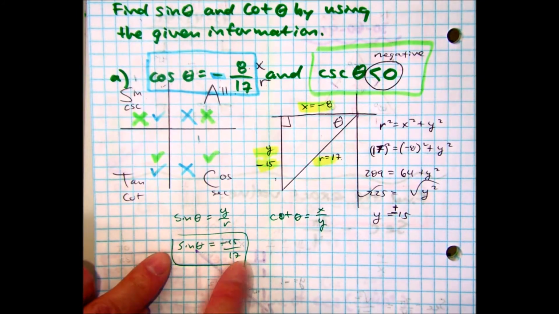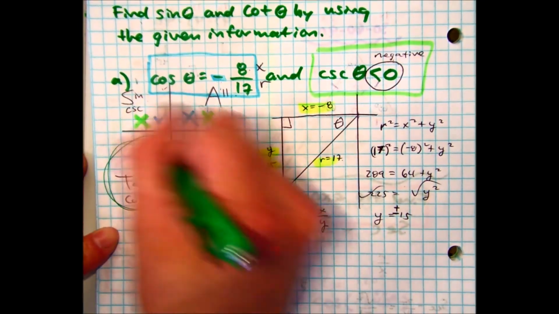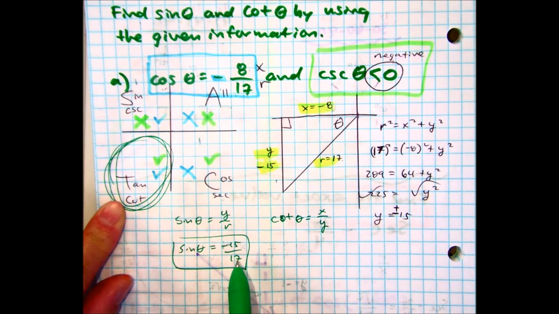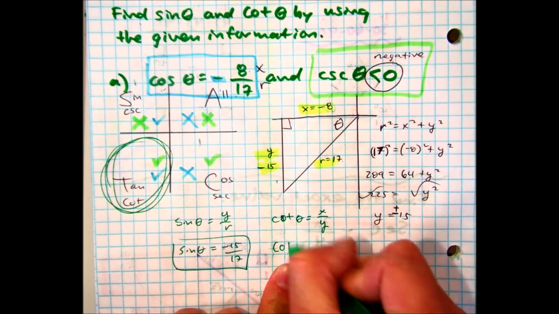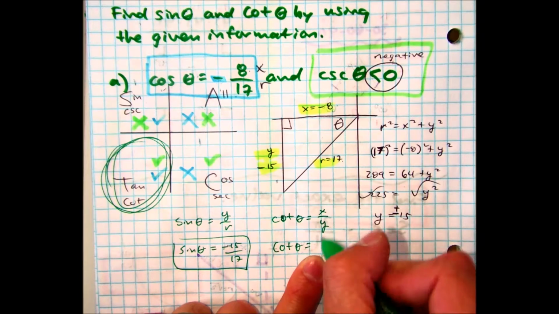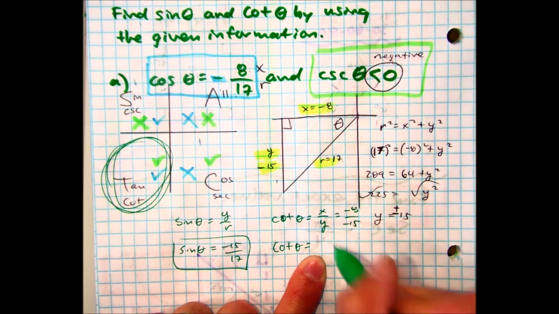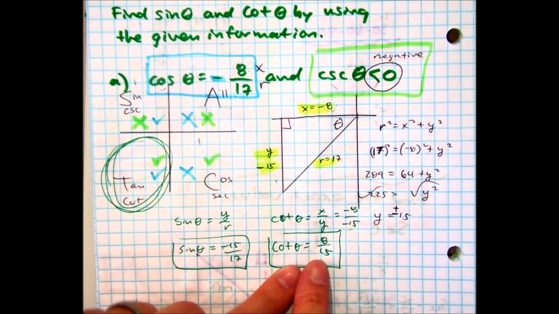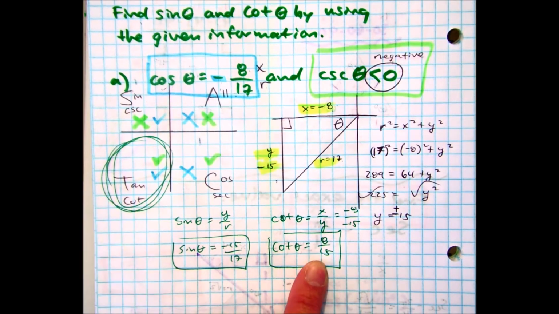You'll notice that sine is negative, and that makes sense because in this quadrant, only tangent and cotangent are positive, everything else is negative. To find cotangent, I'm going to do x over y, which is negative 8 over negative 15. Negative over negative is what, class? 8 over 15. Notice here cotangent is positive, and that makes sense in quadrant 3. Tangent and cotangent are positive.